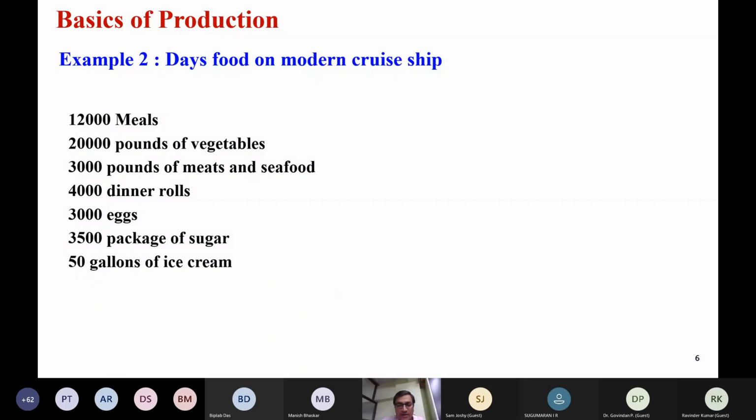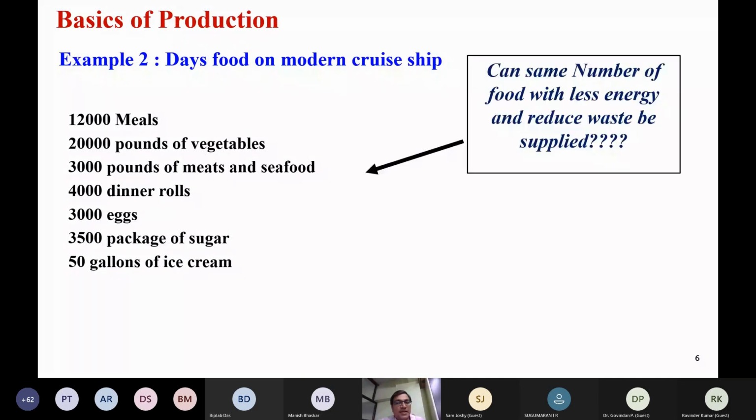Then my question is, can the same amount of food be supplied with less energy and reduced waste? Is it the right question here? Yes, we should think about that. If we want to make our manufacturing more green or sustainable, then we should have this kind of question in mind.